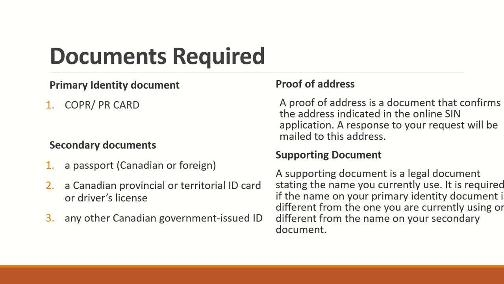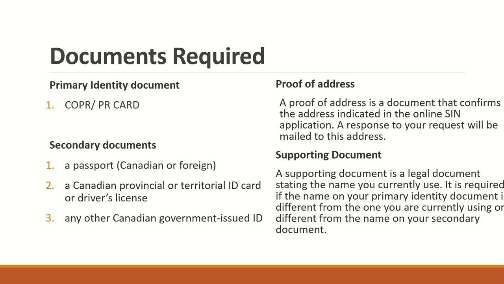Secondary documents would be either your passport or Canadian provincial or territorial ID card or driver's license, or any other government issued ID. Just notice that it's not all of the three, just one of the three is sufficient.